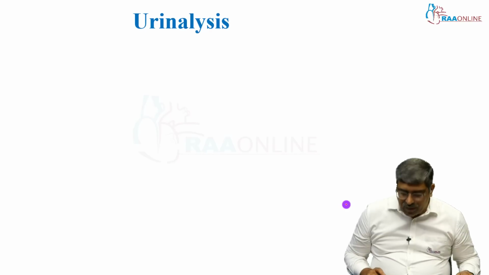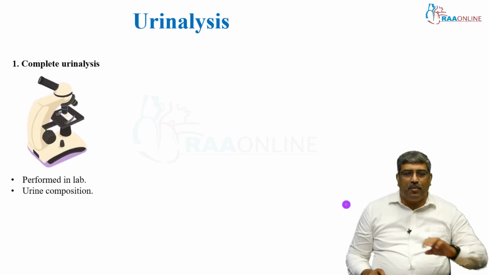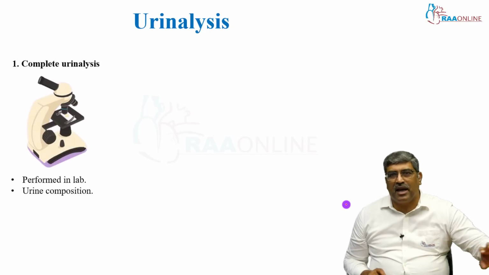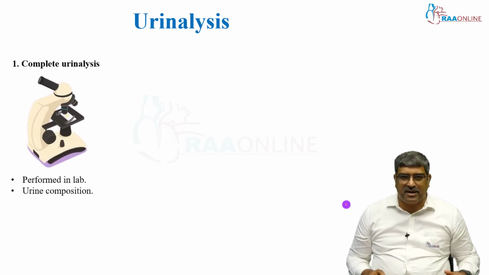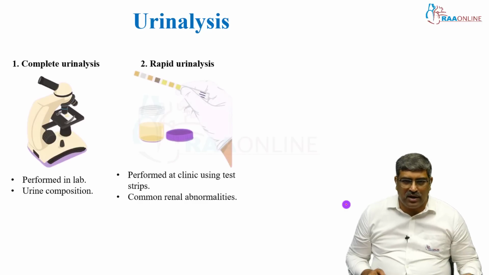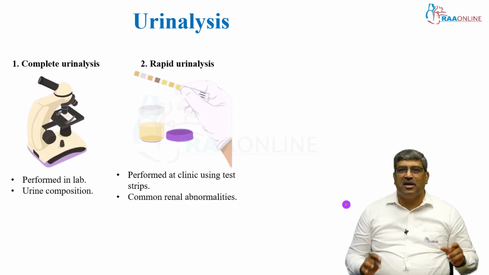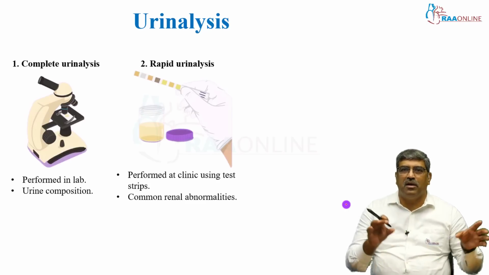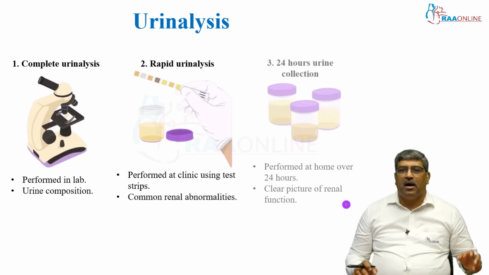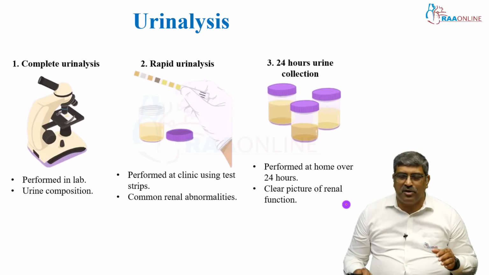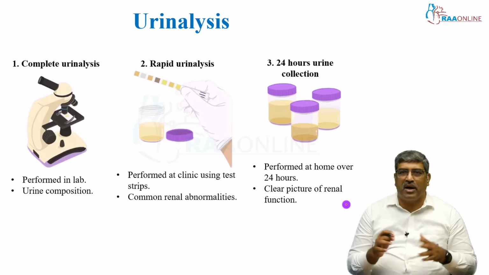Coming to urine analysis, this can be a complete urine analysis which is done in the lab and each component of the urine is examined, or a rapid urine analysis which is performed at the doctor's clinic using test strips. Here you can identify protein or sugar. There is also a 24-hour urine collection which is done for urine sodium and other things.